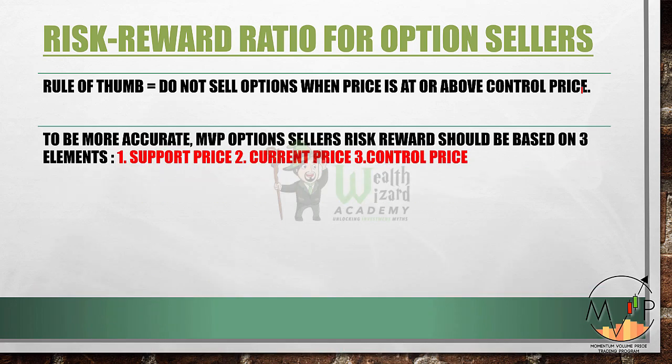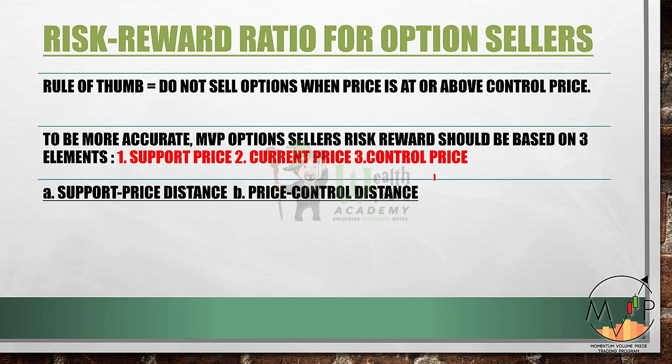So how do you calculate a more accurate risk reward ratio for an option seller? This is how I do it, and this is how I encourage all of y'all to do it as well. The three elements that I look at are support price, current price, and the control price. Obviously, I hope you all remember, in any value channel, the control price is the green color bar.